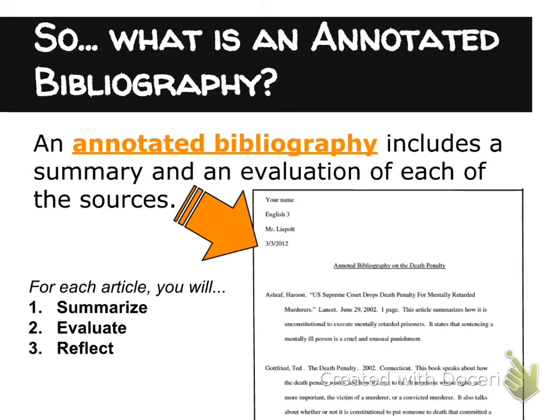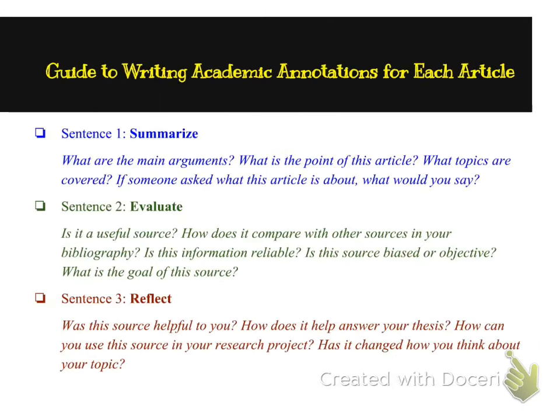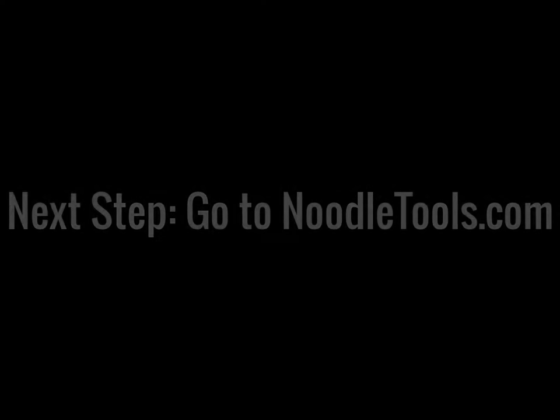The purpose of the annotation is to inform the reader of the relevance, accuracy, and quality of the sources that you're using. So I want to guide you through this process right now so you get a chance to see how it's done, and then you'll be doing it. So you're going to get a handout that looks similar to this, which describes what you're going to do when you start the annotations.